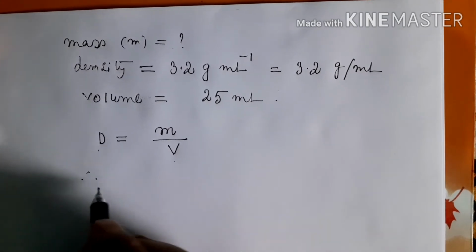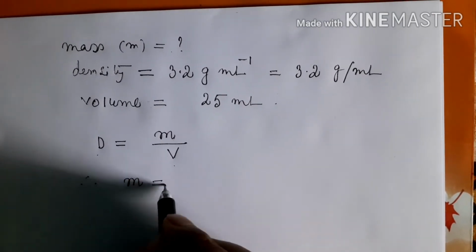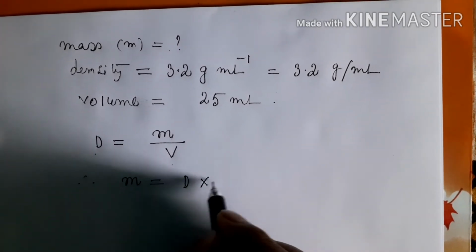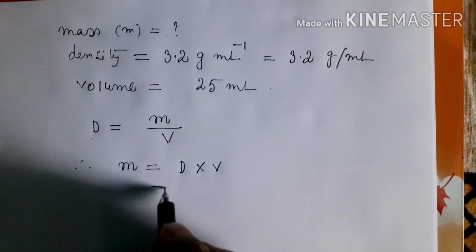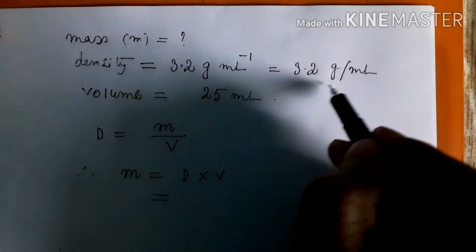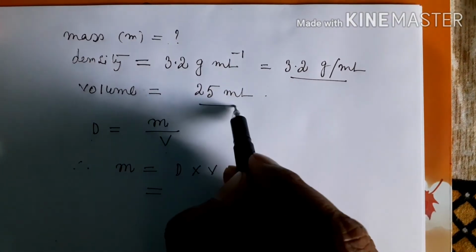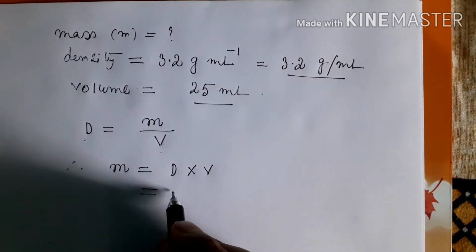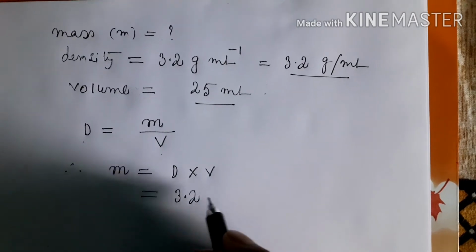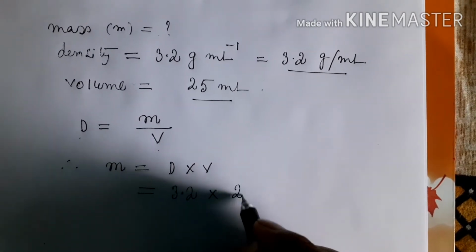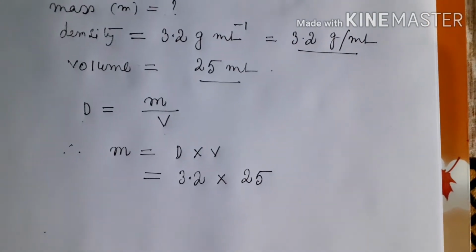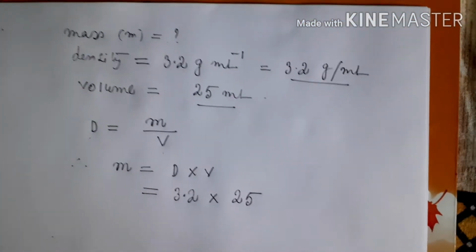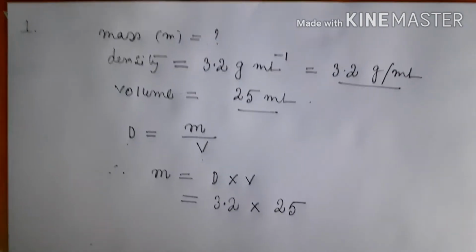From here, we can write m is equal to D into v. So you just multiply these two things, 3.2 into 25. I am using the calculator.